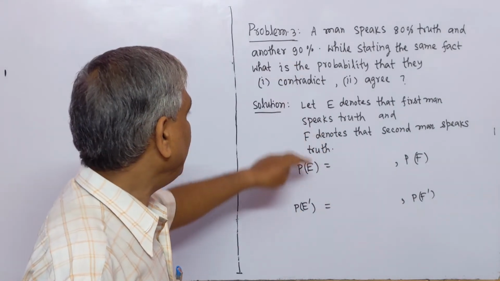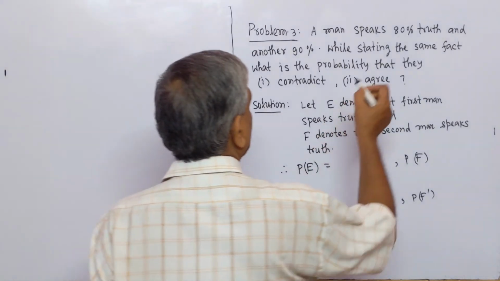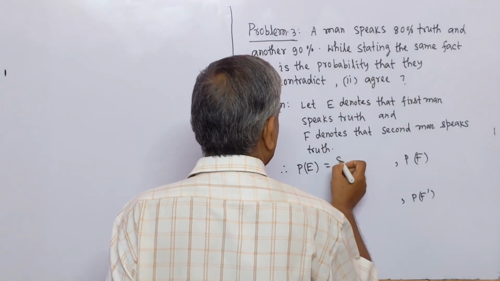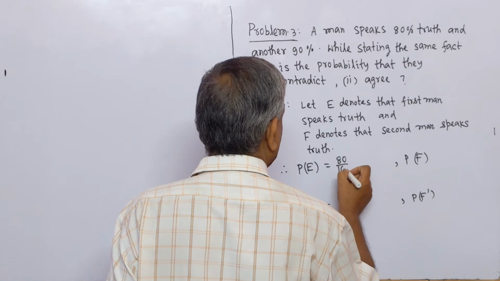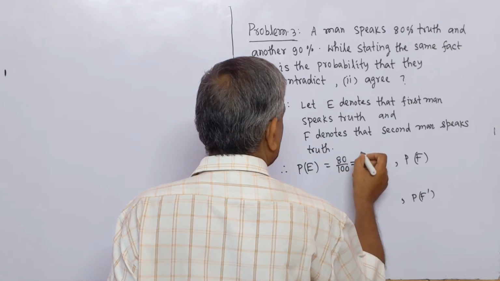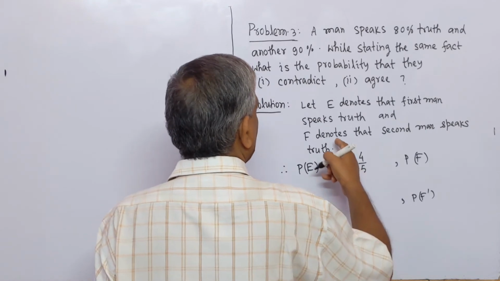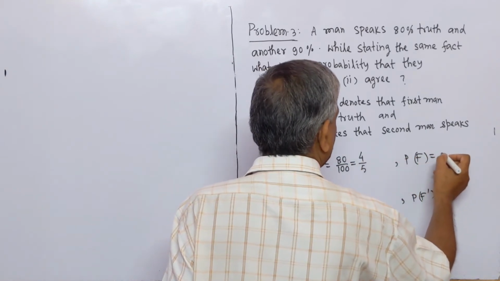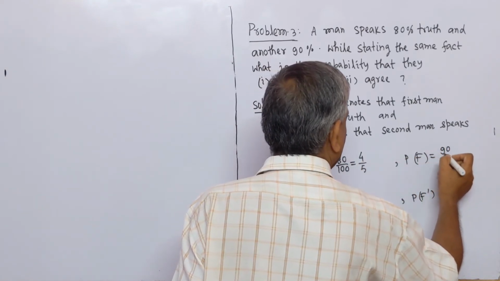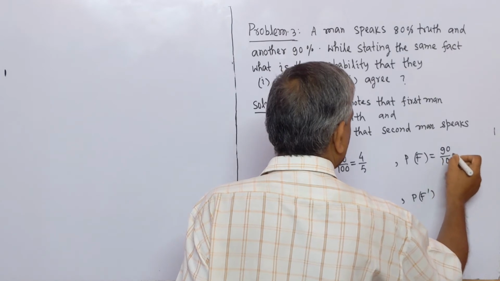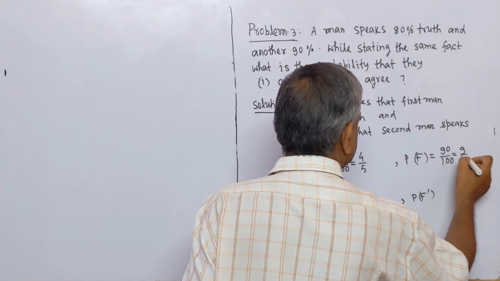Therefore, probability of E equal to 80% means 80 by 100 means 4 by 5. Probability of F equal to 90%, 90 by 100, that is 9 by 10.